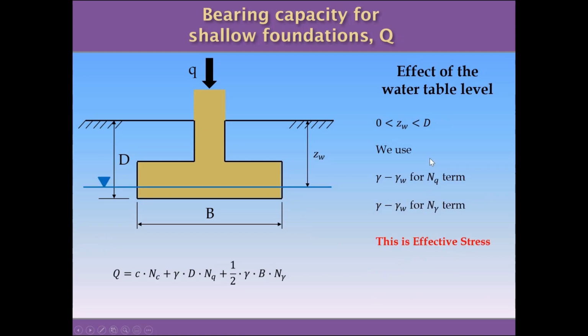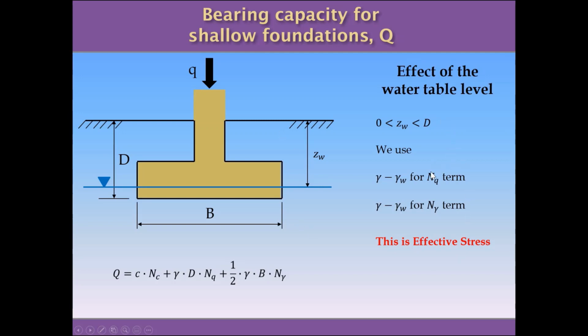The last case we're going to discuss is the case where the water table is very close to the surface. Because of the capillary effect, all the area on top of the water table is wet, and all the area under the water table is wet as well. So we are affected by the effective stress in every layer, at every depth of this calculation.